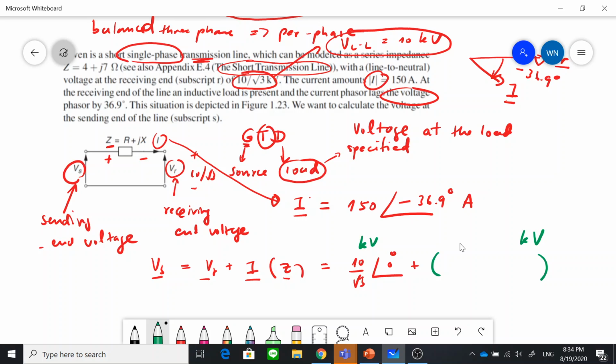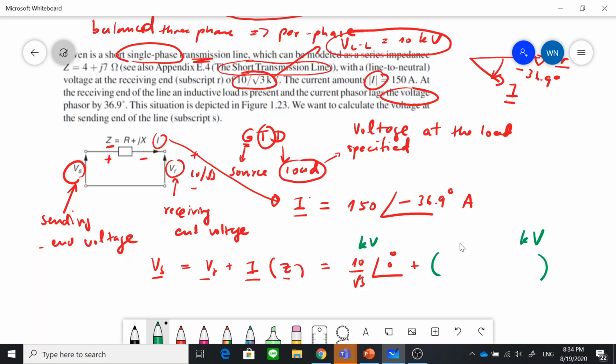Now you see your current is given as amps. So if I need to convert this to kV, I should change this to kiloamps and multiply by the Z in ohms. That's how you will get the voltage drop in kV.